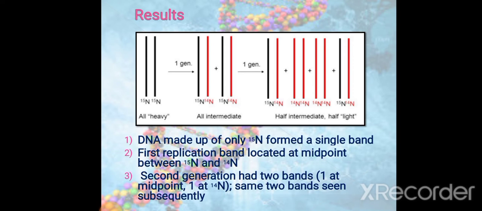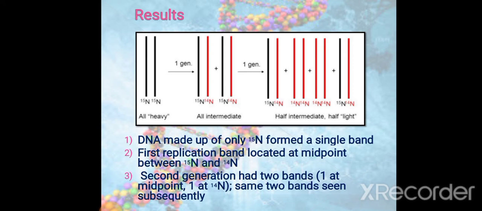Now all of these results, the two bands obtained, one of the intermediate and another of the lighter one, can only appear if the DNA is replicated by the semi-conservative mode.